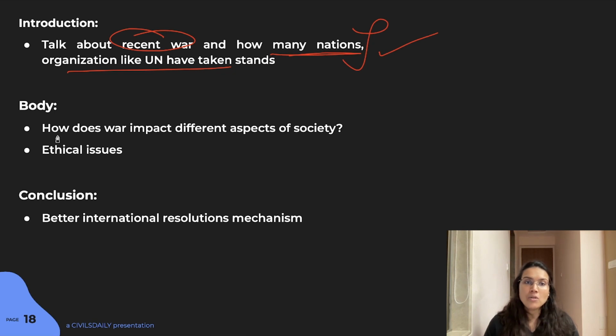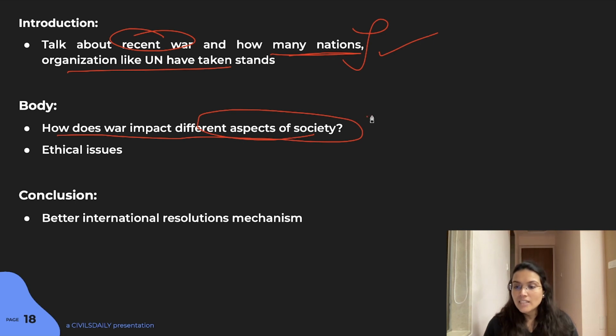In the body, talk about how continuing a war can affect different aspects of society. Again, get in different dimensions, talk about the human aspect, their life, their livelihood, their health. If you talk about nuclear war, the Japanese people had defects for generations. So that kind of thing you can talk about.